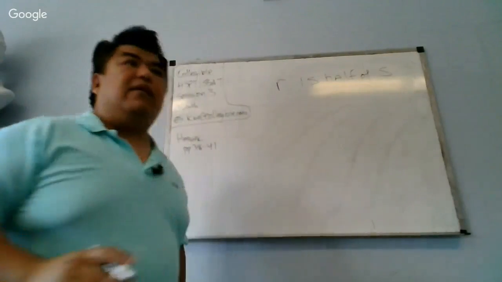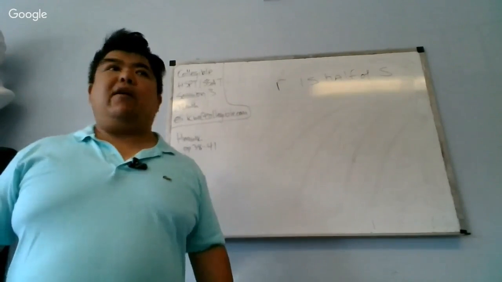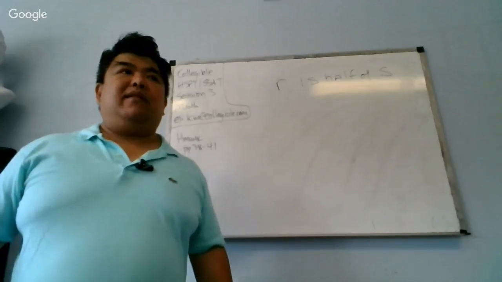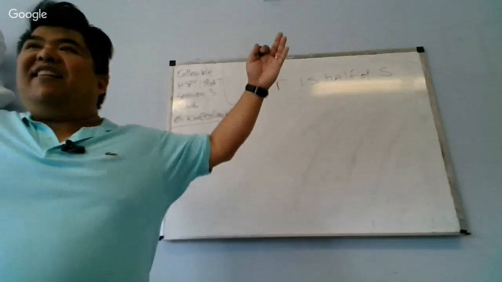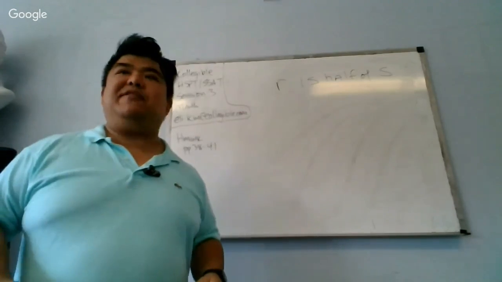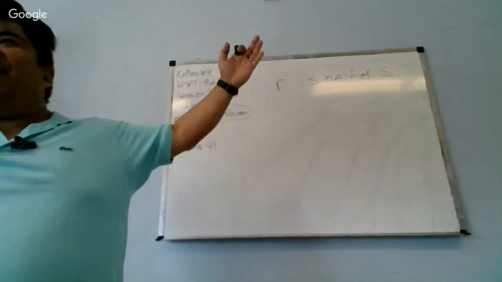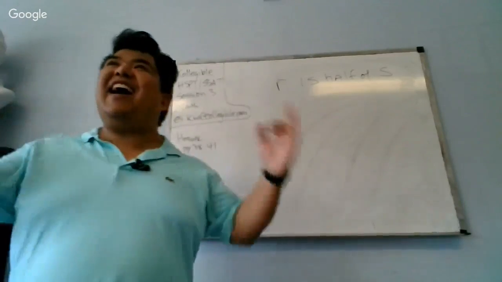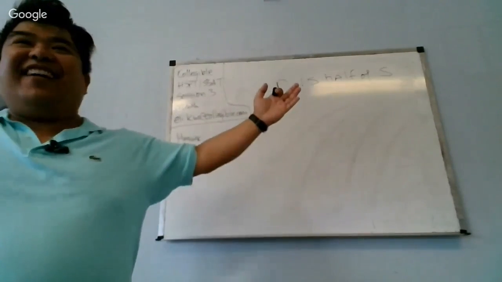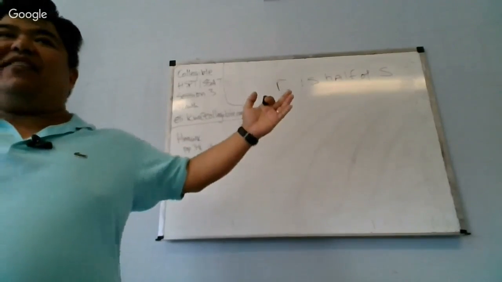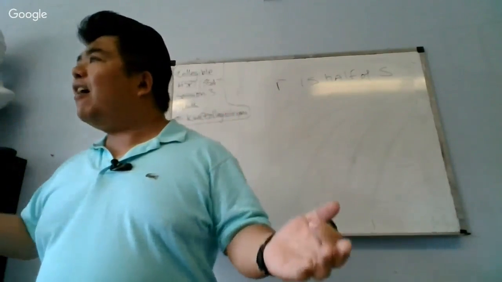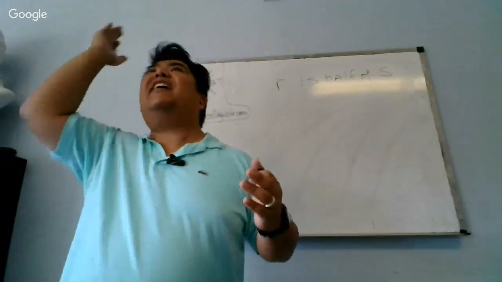Let's start with this. How do we translate R? Give me an R. Oh man, you guys are horrible. You don't have cheerleaders on your team. Give me an R. Wait, you guys did not give me an R. Give me an R. Let's do this again.